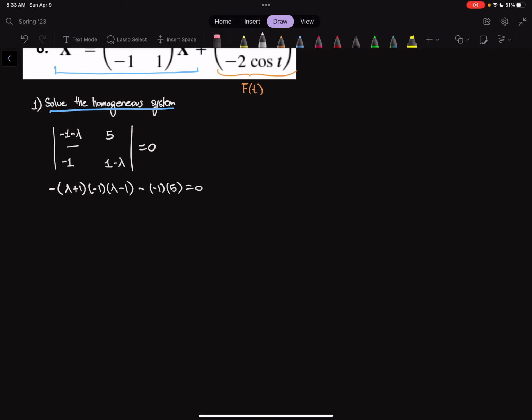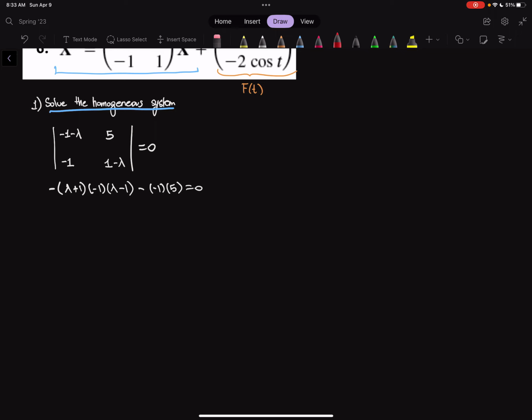So I multiplied this by this and factored out a negative from both of these terms. So the -1 minus lambda, if I take out a negative, becomes +1 and positive lambda. And then 1 minus lambda becomes positive lambda, but -1. And I wrote these negatives on the outside so that I can simplify them in a second. And then I subtract 5 times -1. And that is how to find the determinant of a 2 by 2.